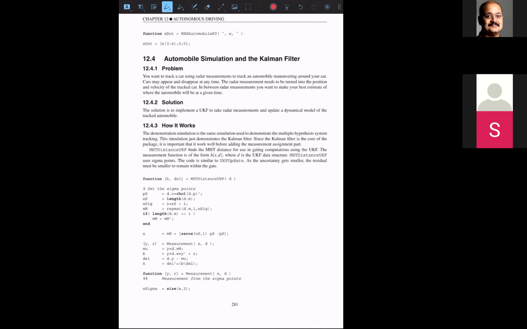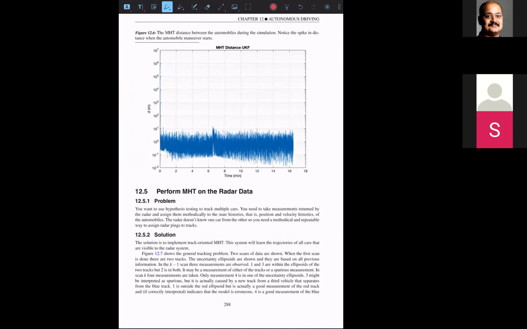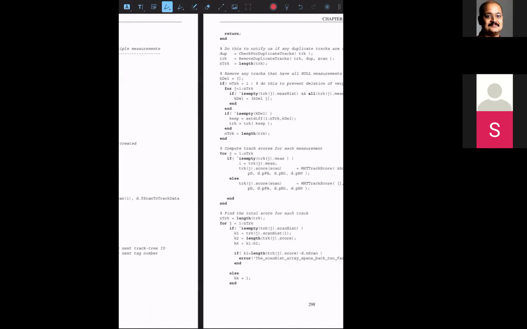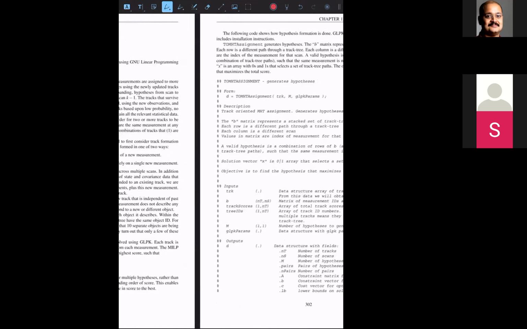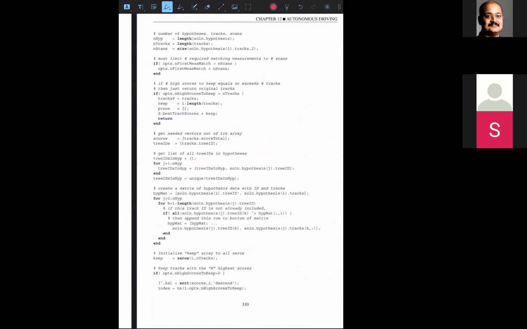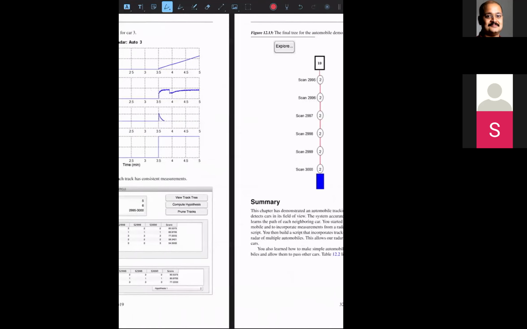So the measurement that you get from LiDAR is not super reliable. Your vehicle dynamics model is not super reliable. The speed that is estimated from the speedometer is not super reliable. Use Kalman filter. So that is where you use Kalman filter. And then you do the hypothesis testing, MHT, and all that stuff. So if you are going to take the perception class, or if you are interested in perception, this is the beginning of perception, autonomous driving, and so on.